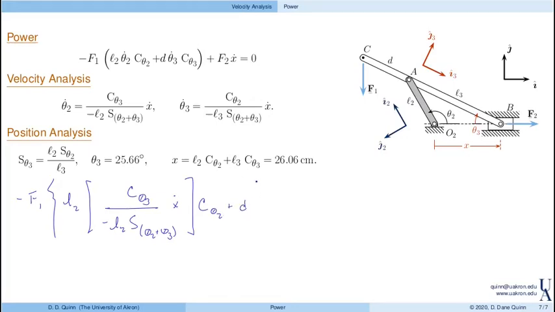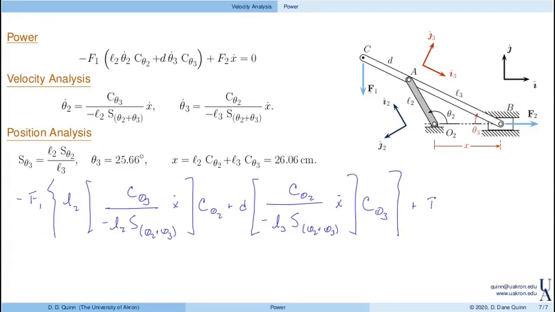And then d, we have theta 3 dot, which we solved as cosine of theta 2 over minus L3 sine theta 2 plus theta 3 times x dot, and then cosine of theta 3, plus f2 times x dot equals 0.